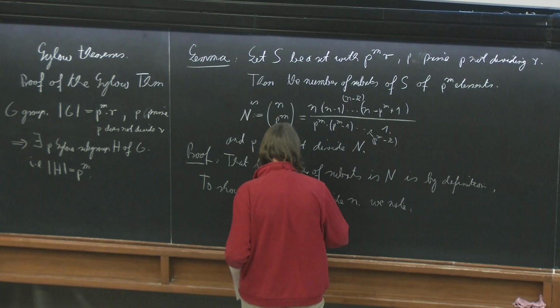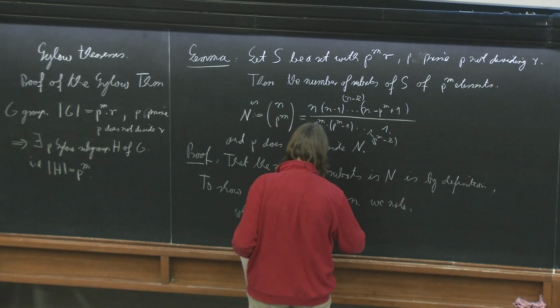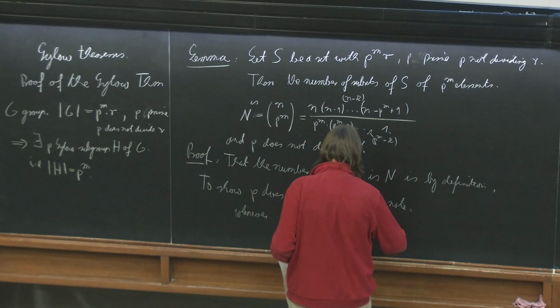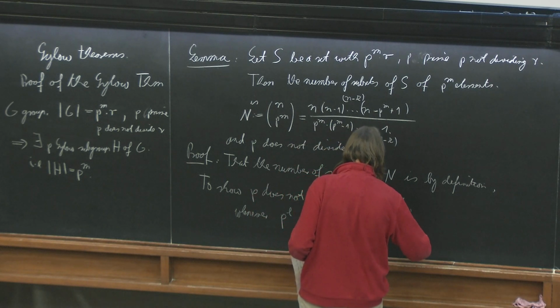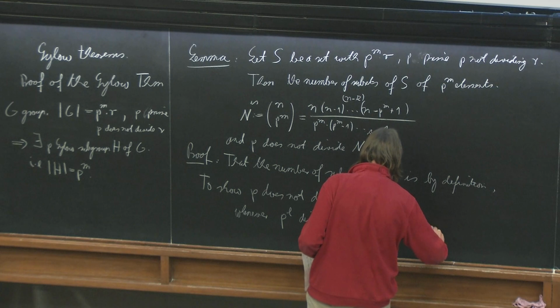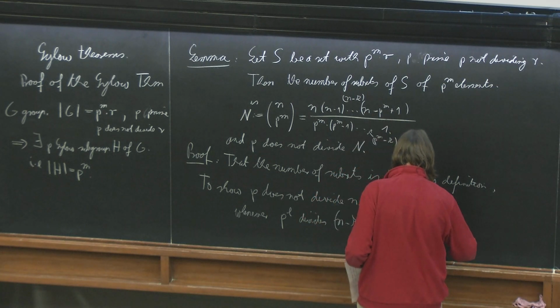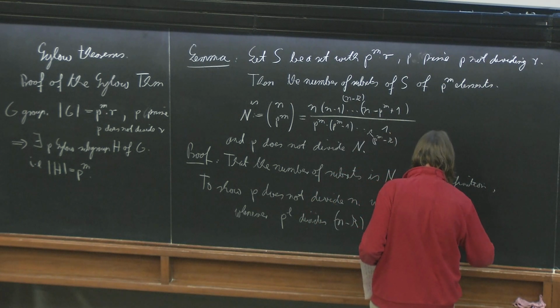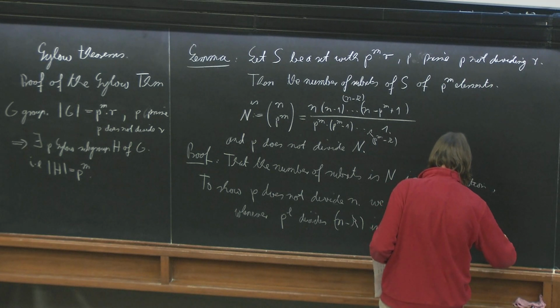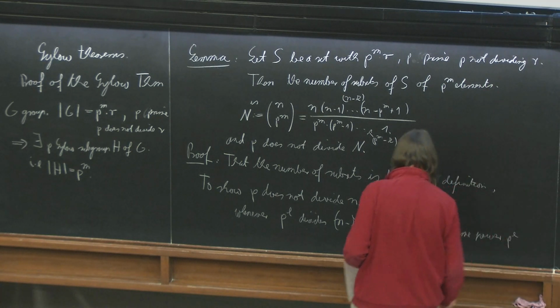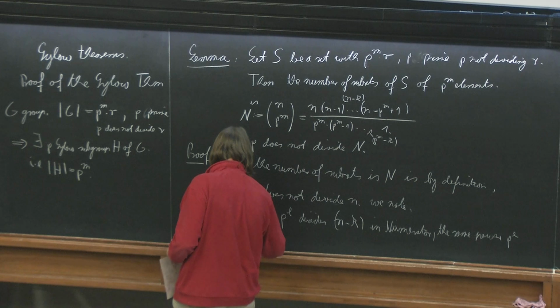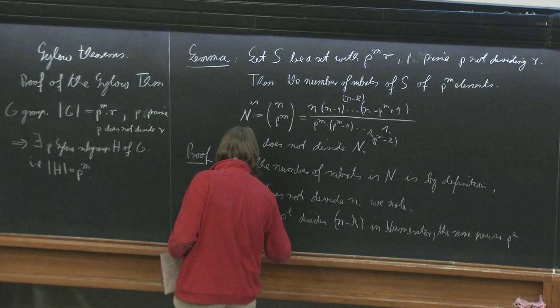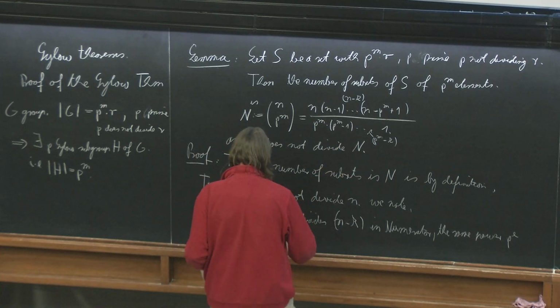So whenever p^l divides n minus k in the numerator, the same power p^l divides the corresponding factor in the denominator.